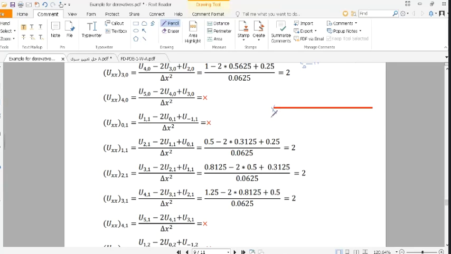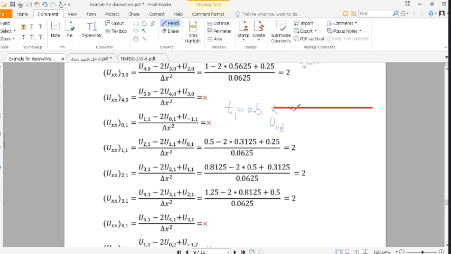For the first point, the value of U is indicated by U0 and 1. Why do I write 1? Because we are in the second row, and for the second row we have T1 equal to 0.1.